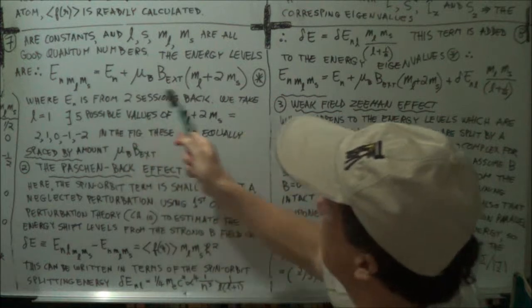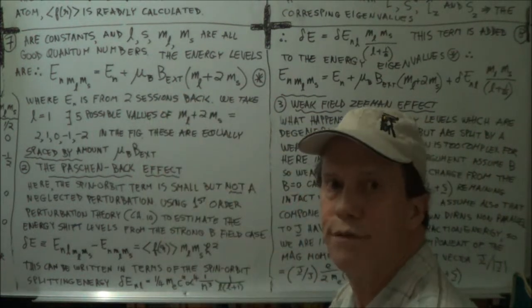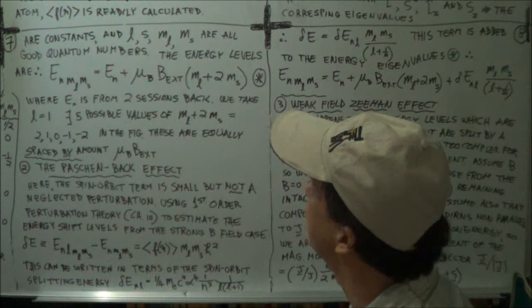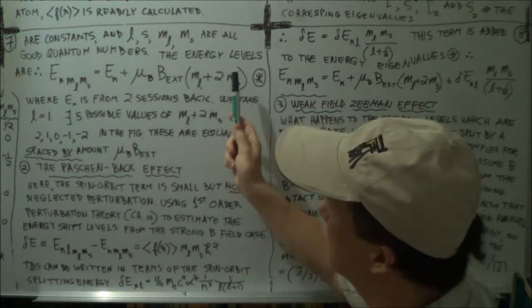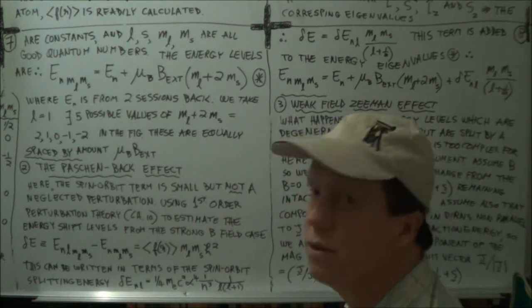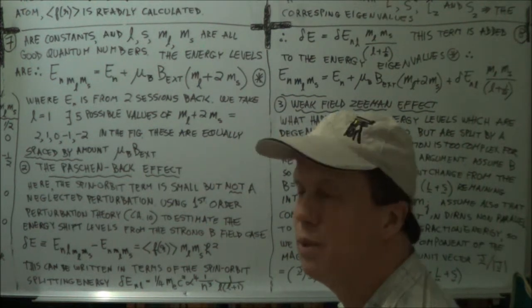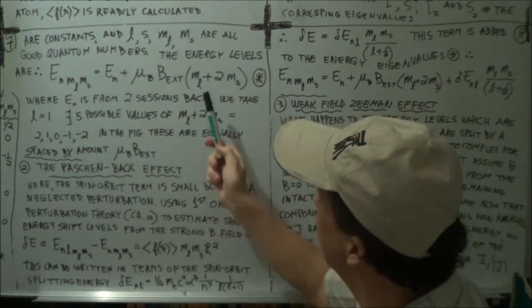So these are the allowed eigenenergies, and here's the term that comes from the Zeeman effect. Now two sessions back I was talking about this term, and I was asking you to keep it in mind because we would be talking about it in the future. Well, the future's now.